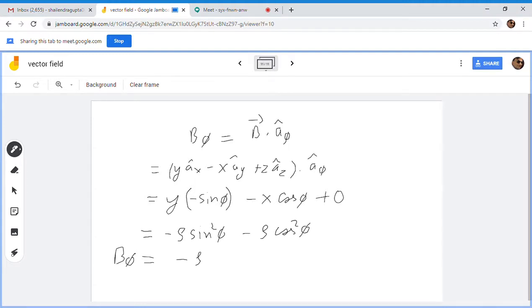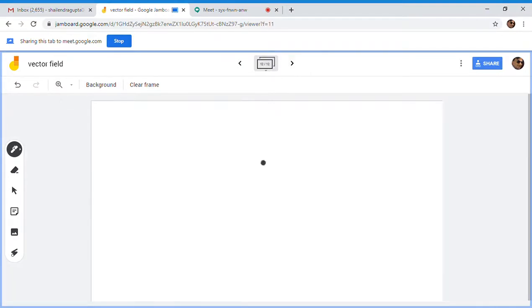Now let us find the Bz component. Bz will be vector B dot vector az. If you solve this, it comes out to be z.